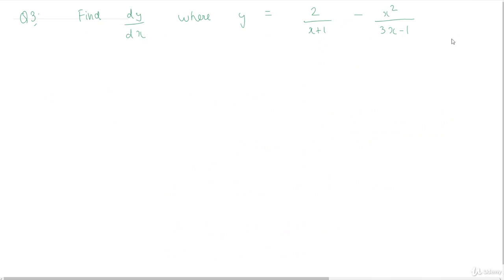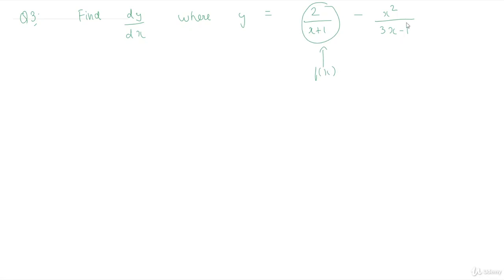So now let's take a look at another example where we need to find dy by dx when y is equal to (2 by x plus 1) minus (x square over 3 by 3x minus 1). So this is our function y, and we need to calculate dy by dx here. So now as we can see, let's assume this function as f of x and this function as g of x.